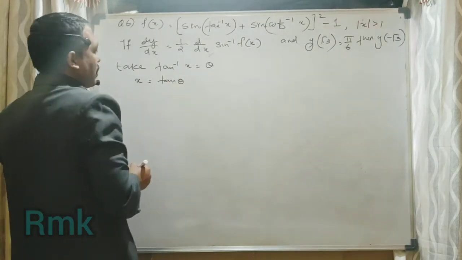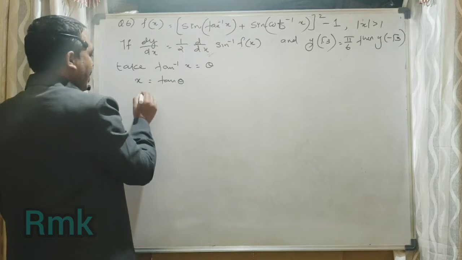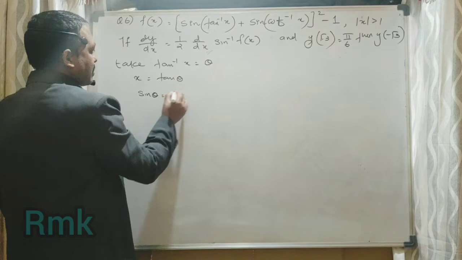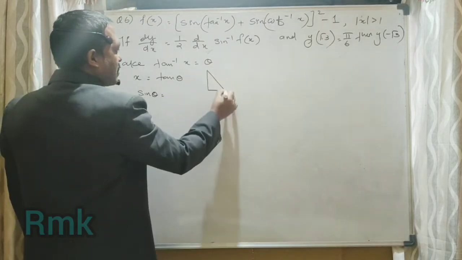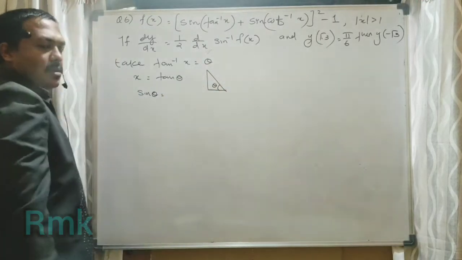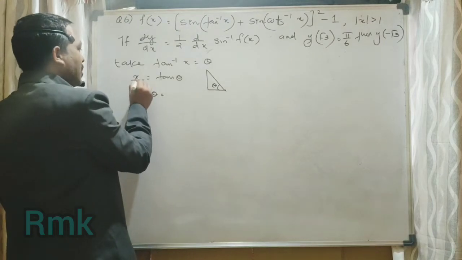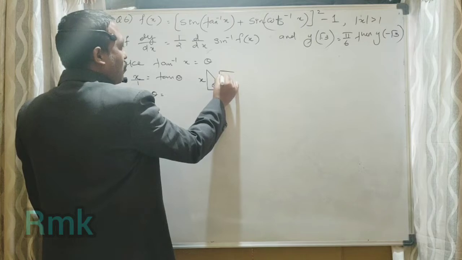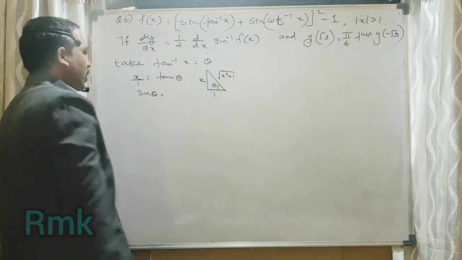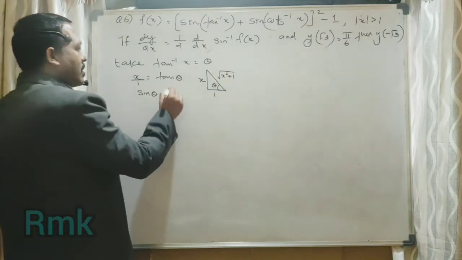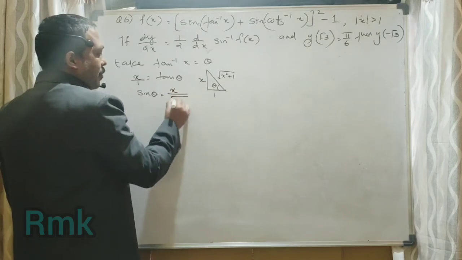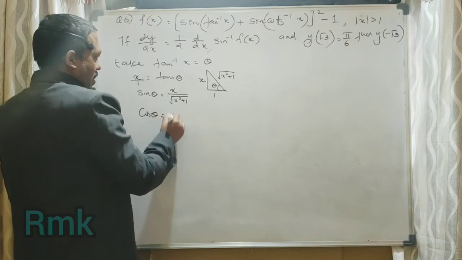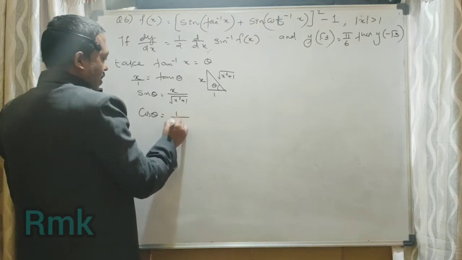And tan theta means opposite by adjacent, opposite x, adjacent 1. Hypotenuse is root of x square plus 1. Therefore, sin theta is opposite by hypotenuse and cos theta is adjacent by hypotenuse.